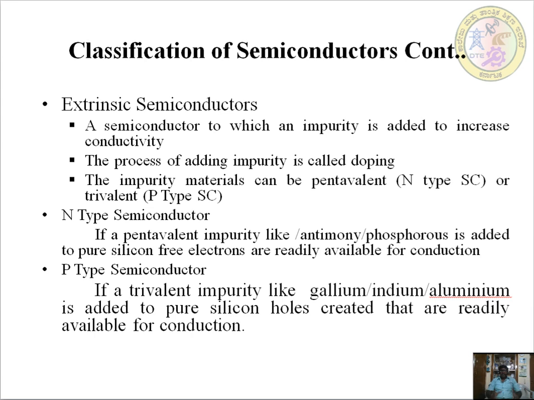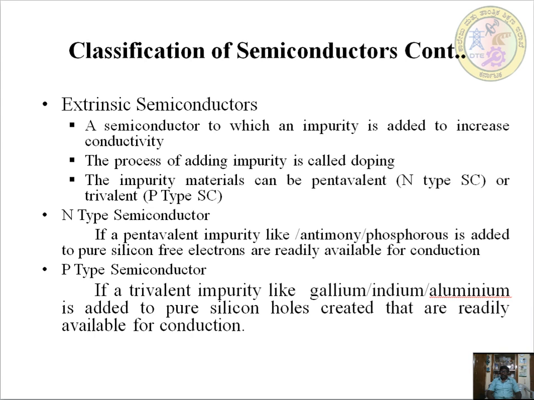Okay, next, the main comparison between n-type and p-type. As we already know, in n-type a pentavalent impurity is added, and in p-type a trivalent impurity is added. In n-type the majority carriers are electrons, and in p-type the majority carriers are holes.